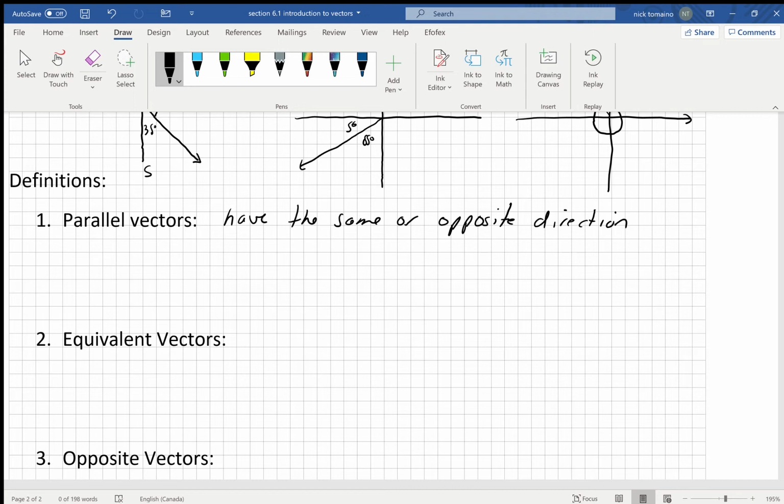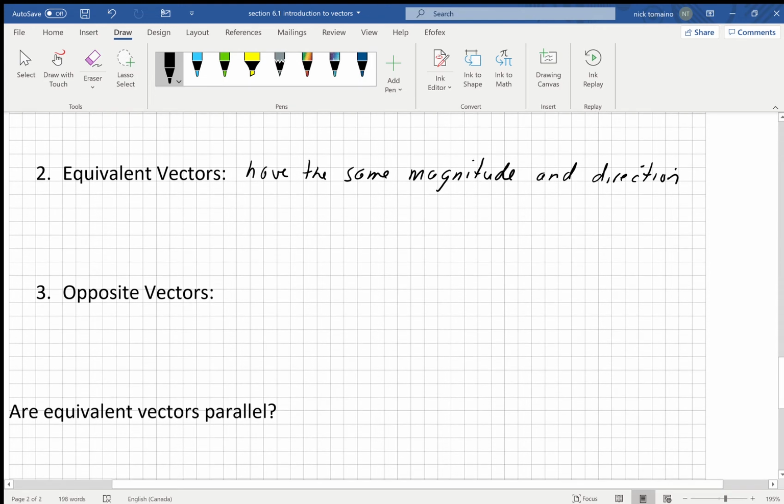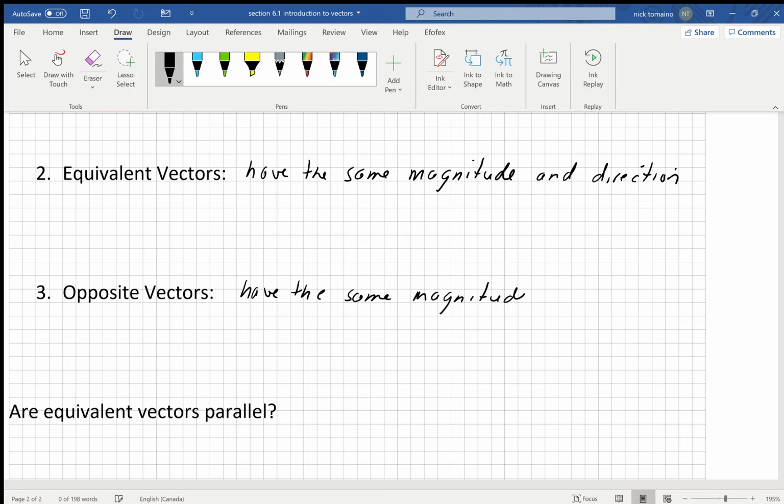Equivalent vectors have the same magnitude and direction, and opposite vectors have the same magnitude but opposite direction.